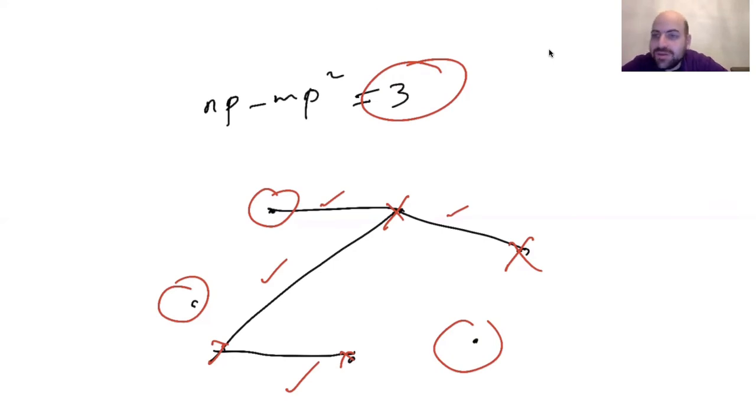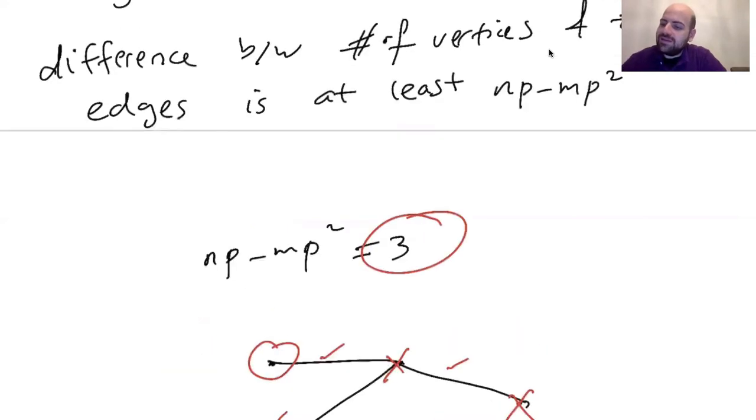So in the new subset, I have no edge at all, which means I have an independent set.